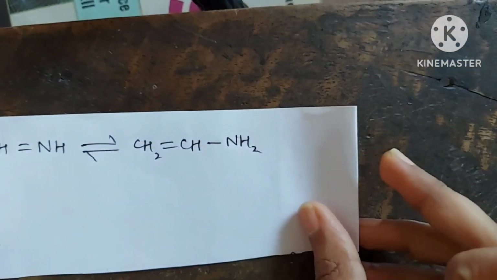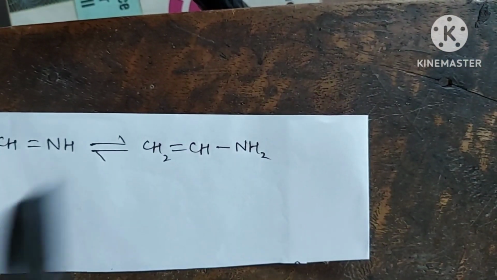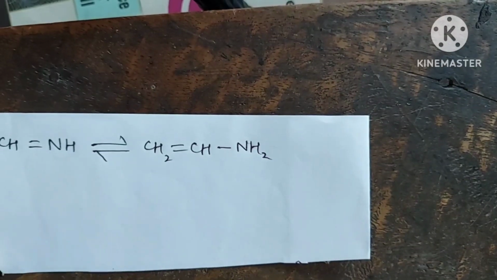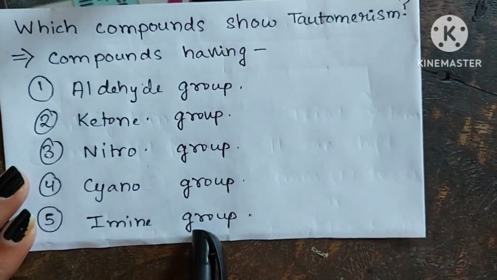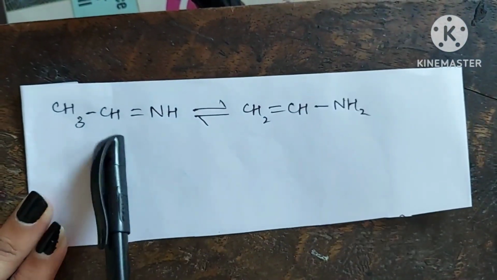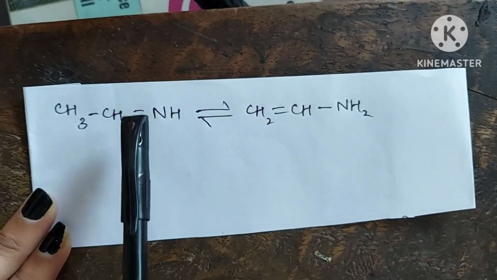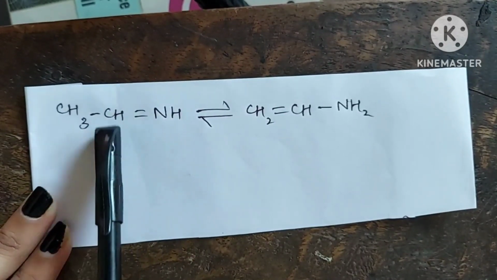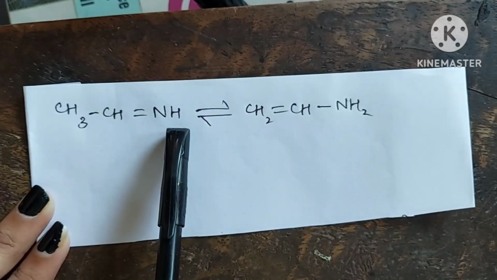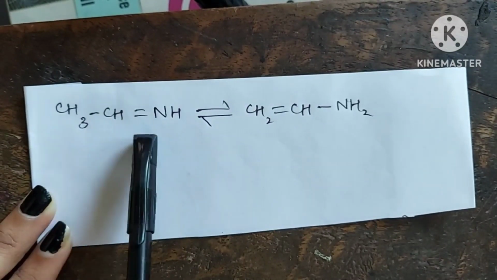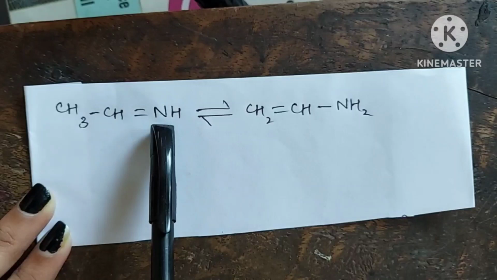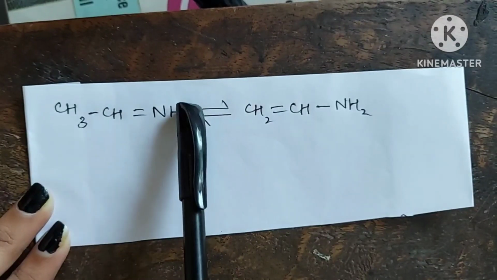And the last example is of CH3CHNH. What is it? It is imine. Last, 5th one, imine group. This is imine group. We will say that it is an imine group when a double bond is present between carbon and nitrogen, which is bonded with hydrogen.